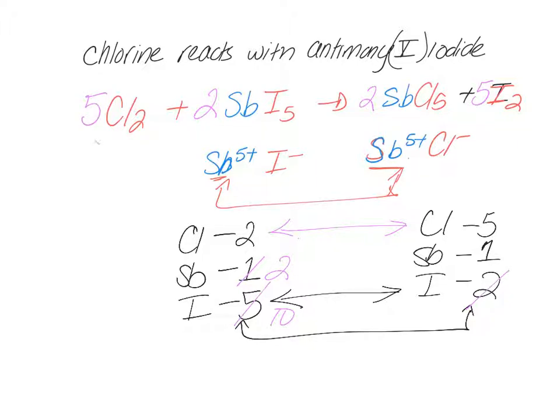And just go back and check, right? This is 10. And over here, this is 10. We're okay. This is 2. This is 2, right? The iodine, I have 10. And the iodine, I have 10. So now it is balanced out.